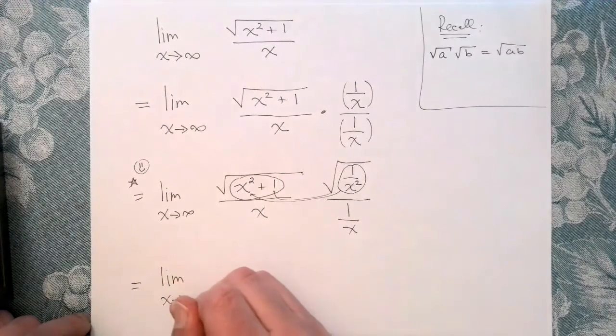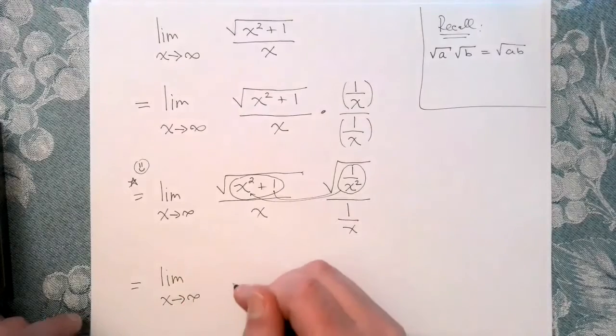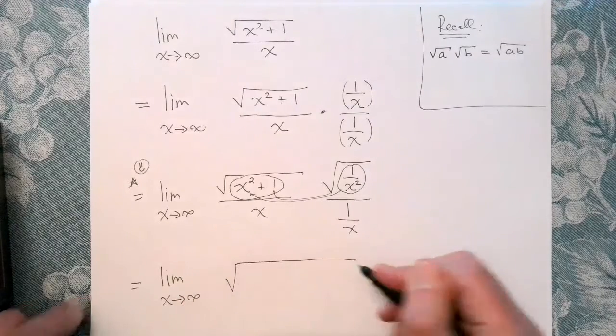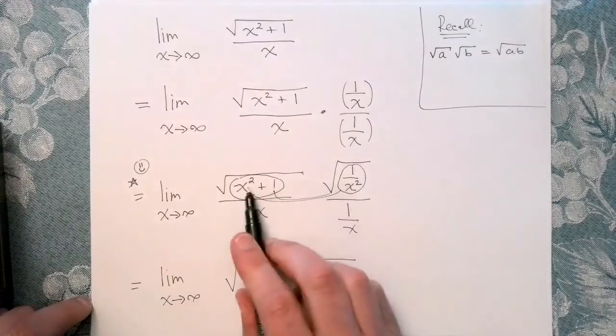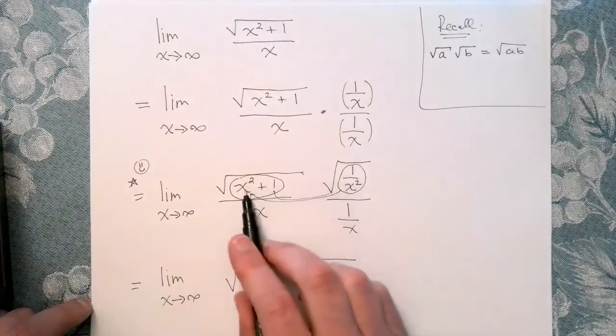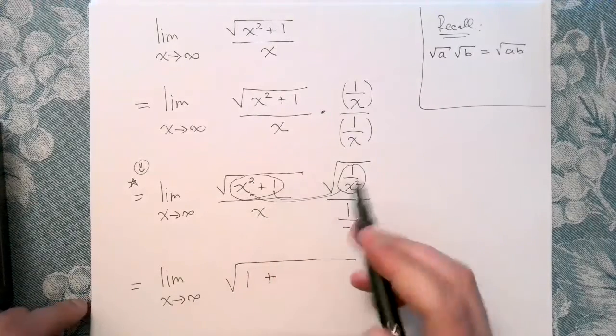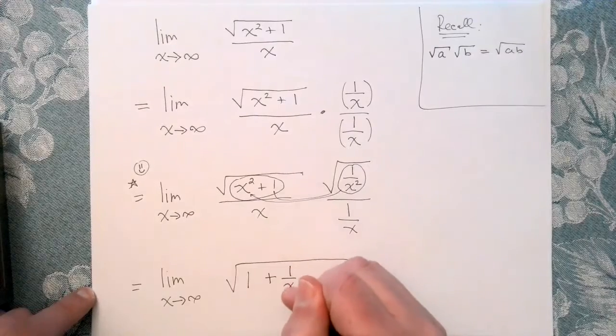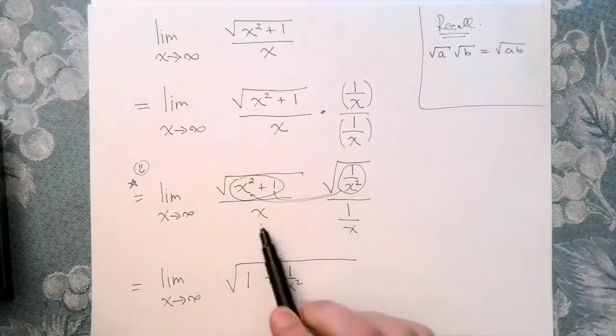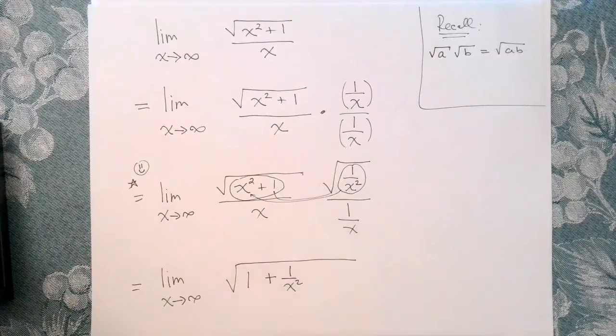So this is equal to the limit as x goes to infinity of the square root of, so this product right here will be 1, and then this product will be 1 over x squared. And as we mentioned before, this product is just 1, so I don't have to write over 1.